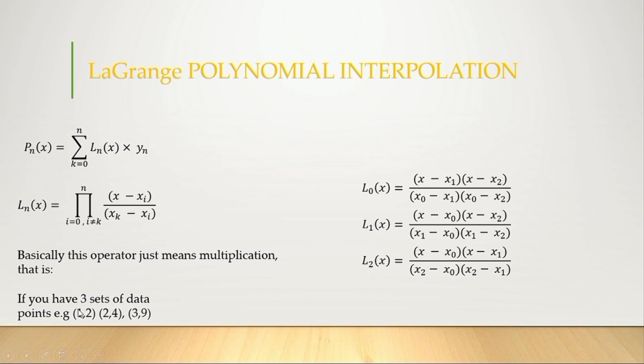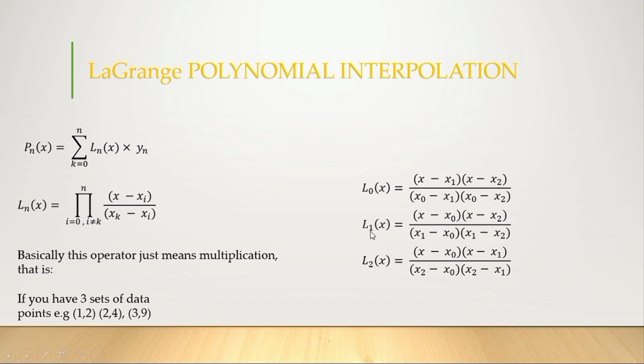So meaning data set 1, data set 2, and data set 3: x1, x2, and then we've got x0. So our formula here is going to incorporate both x1 and x2. If we had 4 data sets, we would incorporate x1, x2, and x3 on this other side here. But because we have 3 data sets, we're just going to incorporate 1 and 2 for x0, which is going to be the divisor in this scenario: x0 there and x0 there minus x1, x2.